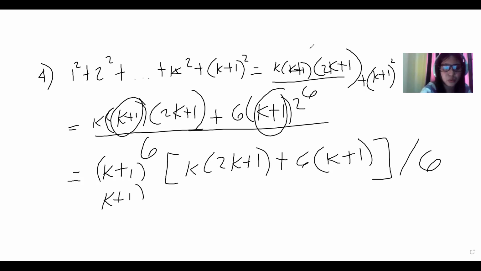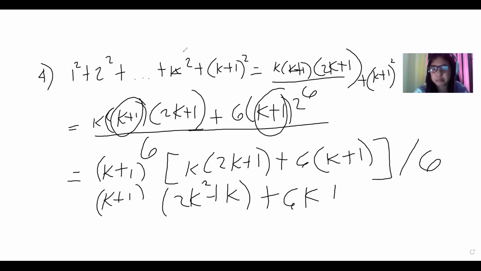Simplify further. This is k plus 1 times 2k squared plus k plus 6k plus 6, so we can now remove the parentheses, over 6.